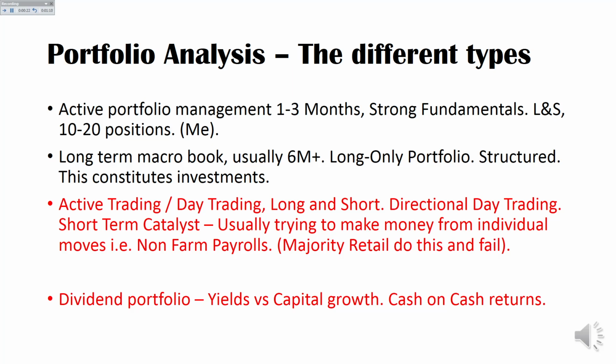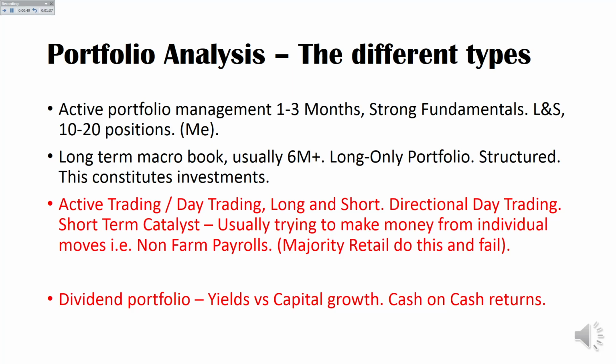Usually they have strong fundamentals, although it can also be a long and short portfolio. Usually you've got 10 to 20 positions, so you're building a well-rounded book. You would also hedge these positions and trim them accordingly. So 1 to 3 months, and then you would review, and you would plan for that time frame to try and see some sort of gains and bring them into fruition. So that would be an active portfolio.